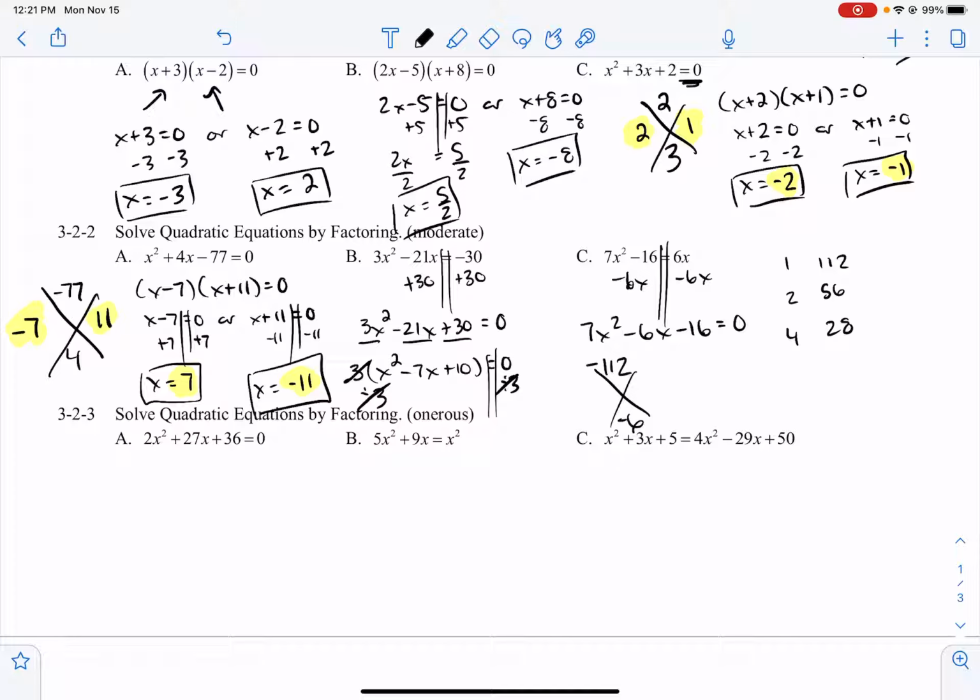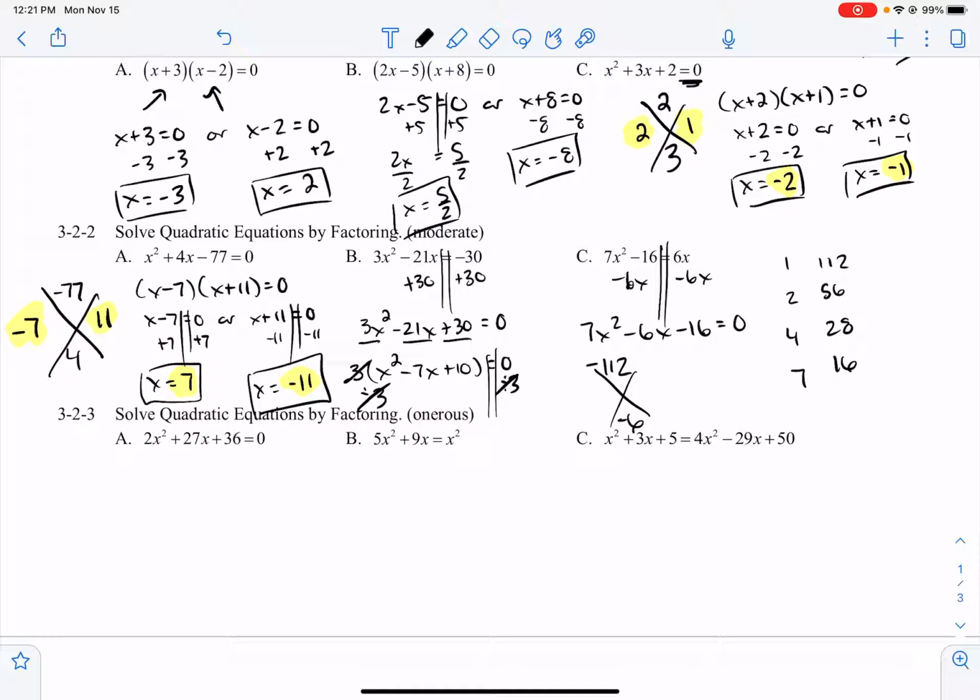We're getting closer. 5 isn't going to work. 6 is not going to work. 7 is going to work. 7 and, let's see, it goes into 70 10 times, and then I need another 42. So 16. Well, that gets me closer. I'm still not quite there. But at least we're on the right track.